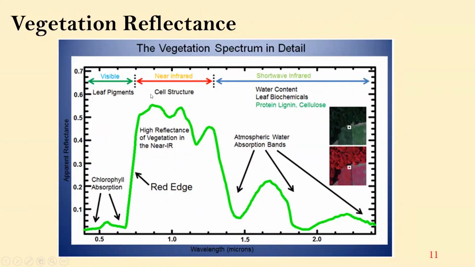Because of the cell structure, in the red edge and near infrared there is a high reflectance, and because of the water content, in the short wave infrared there is an absorption, and also partly it is reflected. So this is the spectral signature for healthy vegetation. If you compare this with stressed or degraded vegetation, it could be easily discriminated based on these spectral signature profiles.